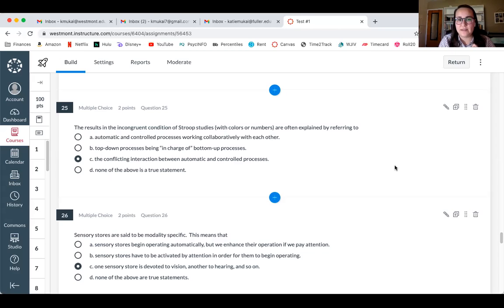And so we have this conflict between our automatic process of reading and our controlled process of, well, I have to take these certain instructions. I have to focus actually on the color of the ink that this word is printed in. I can't just automatically blaze through it and read the words that are on this page.